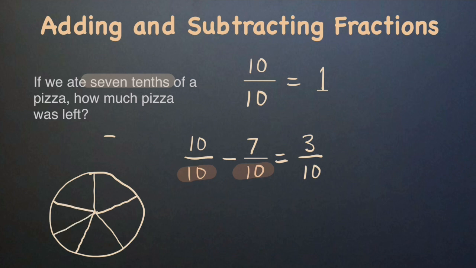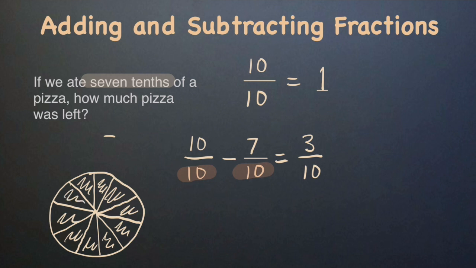I'm going to cut each of those into 2 so that we get 1, 2, 3, 4, 5, 6, 7, 8, 9, 10 pieces. We started with them all coloured. So if we ate 1, 2, 3, 4, 5, 6, 7, so we've got 3/10 left.